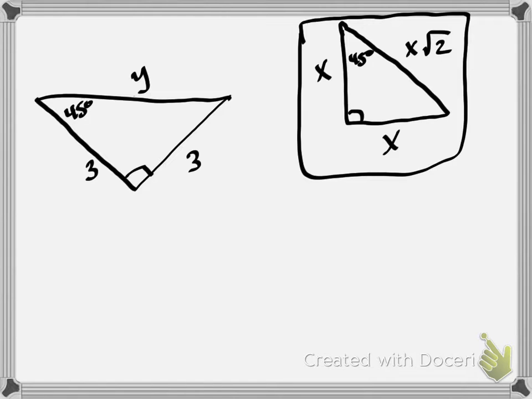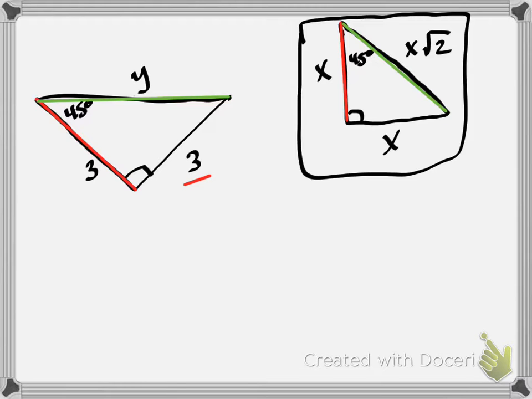Okay? So again, I'm going to color code these like I've been doing. I only need to do 2 of these, though, because I don't need the fact that that's a 3. I do need to know that the hypotenuse right here is y, and then it's x square root 2 for that one.